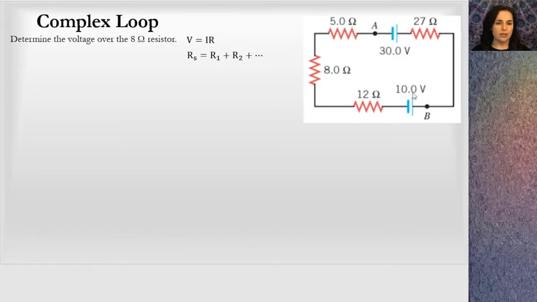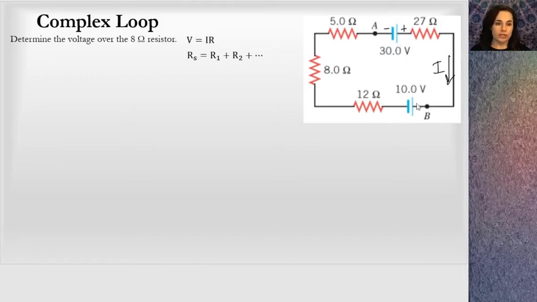I have a 10-volt battery and a 30-volt battery, and it looks like they may add up, but when I follow this around, I only have 1 branch. I only have 1 current going through this circuit. And I'm going to put it in the direction that the dominant battery will cause it to go.